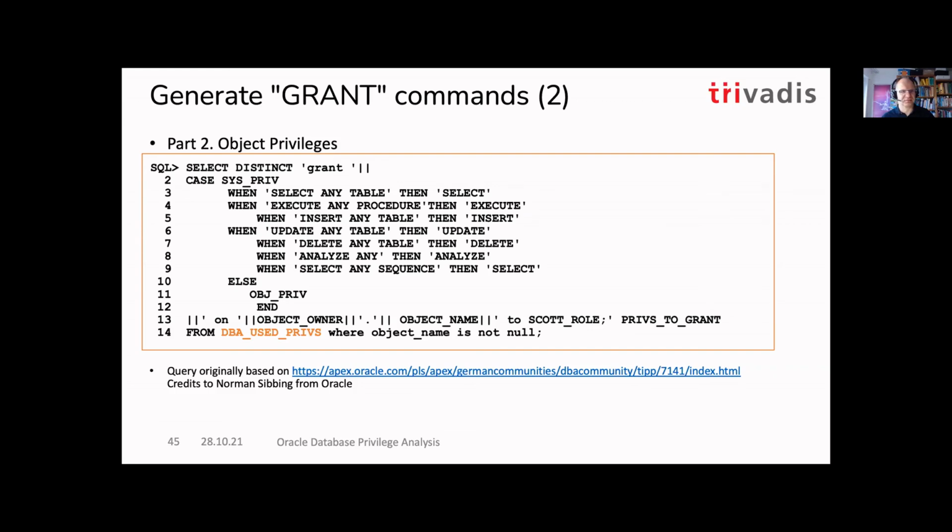This is a case section on lines 2 to 10 that we reduce with anything. It's not my query, it's based on a blog post by Norman Sibbing from Oracle Germany. I didn't want to reinvent the wheel.